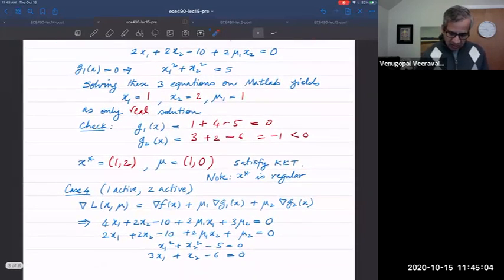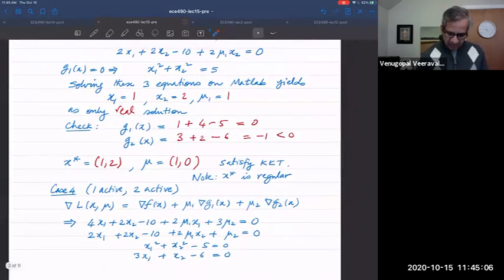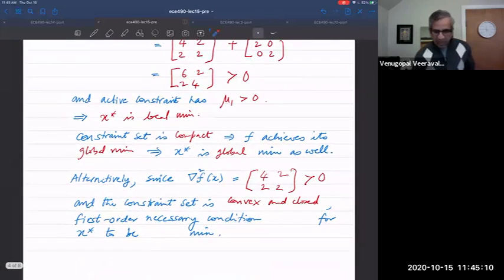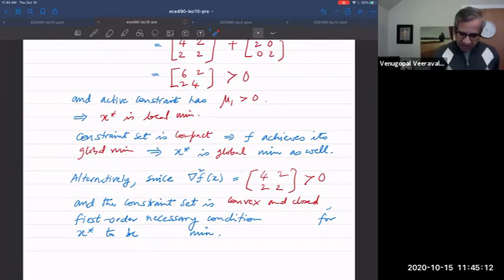And so we get that the constraint set is convex and closed. So the first order necessary condition is enough for X star to be a global min. We know for convex functions, the first order necessary condition is enough for a global min.